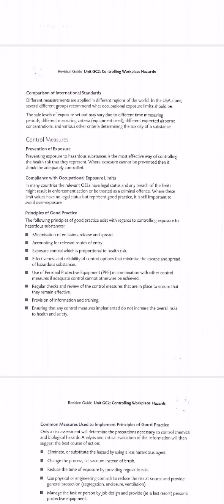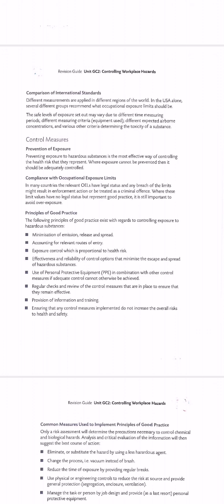Then account for relevant routes of entry, right? Number three, exposure control which is proportional to the health risks. You have to look at that. Then the effectiveness and reliability of control options that minimize the escape and the spreading of hazardous substances, right? So you have to check where this hazardous substance can spread, right?